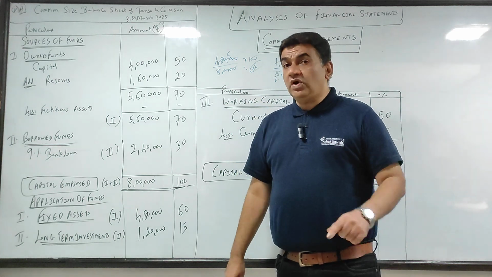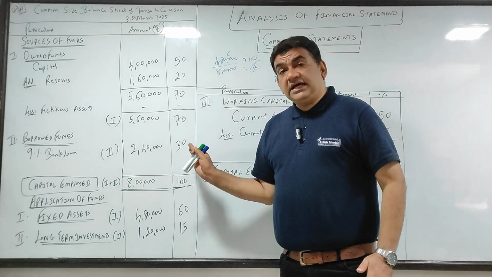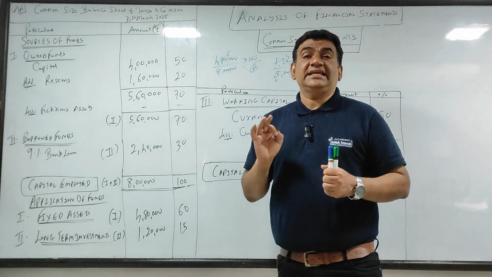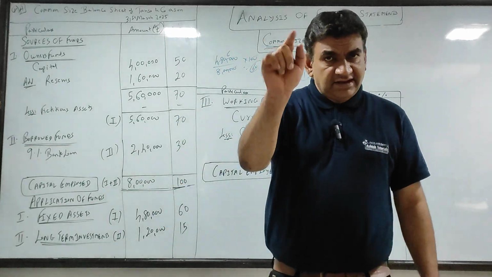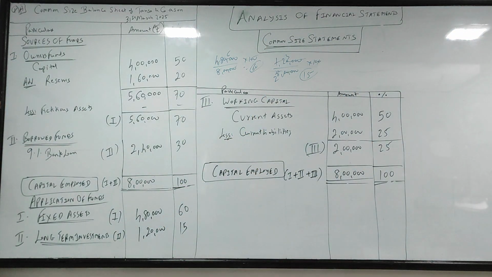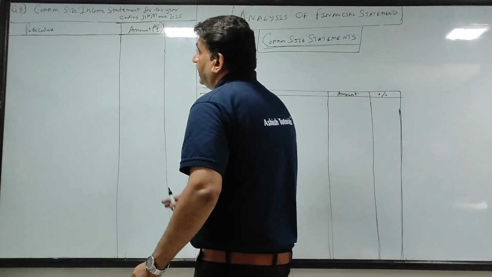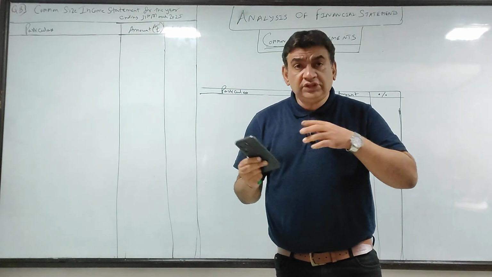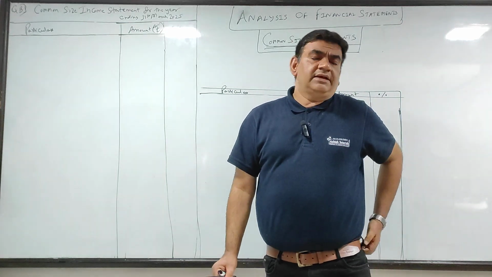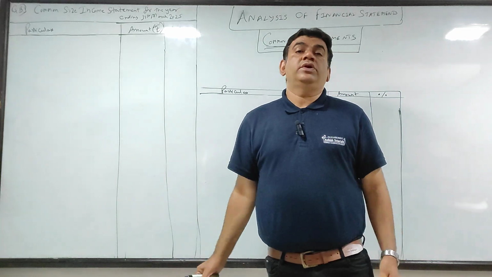Now we have time. So to make the concept of the entire common size clear, I will now take the common size income statement. Its format will be the same. Okay, I'm taking the next sum so that in this session you get both variations of common size statement: the balance sheet, what we did now, and the income statement, what I am going to do now.